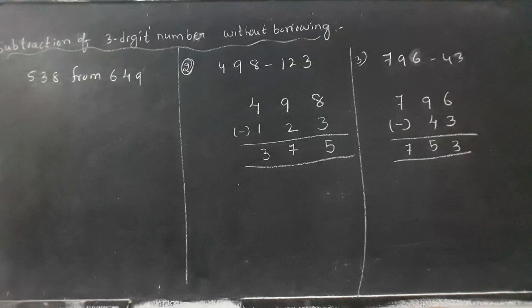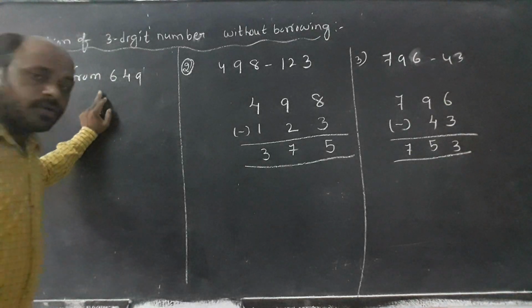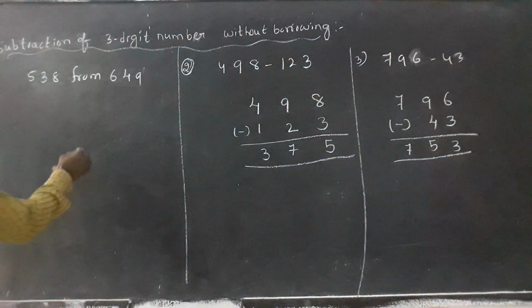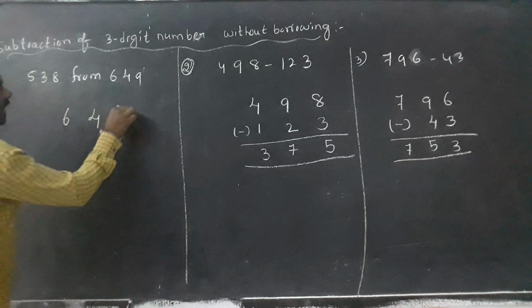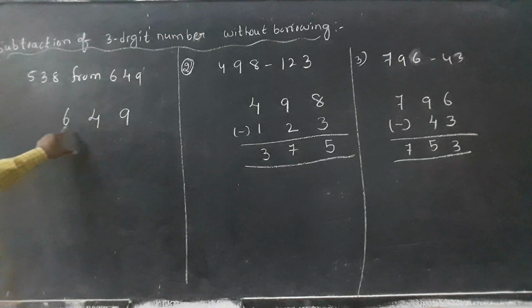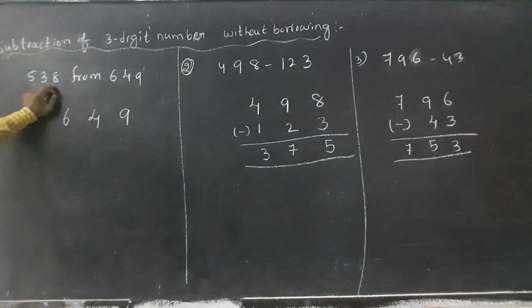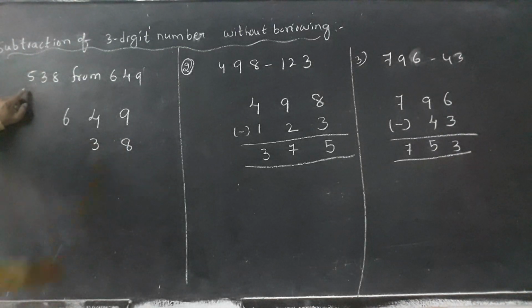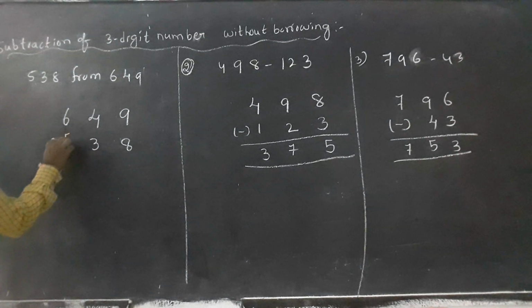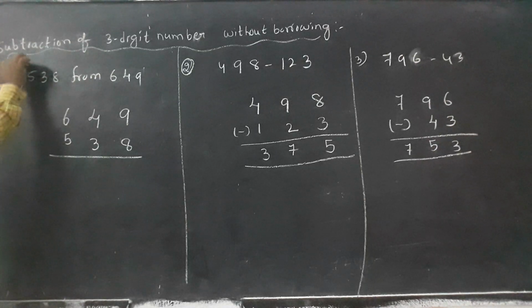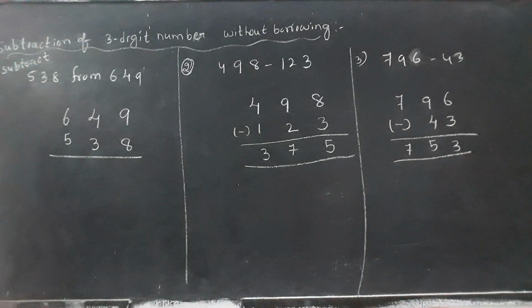Then we write the given numbers vertically according to the place values. 649: 9 is the ones place, 4 is the tens place, 6 is the hundreds place. In 538, the ones place is 8, the tens place is 3 and the hundreds place is 5. Then we subtract.